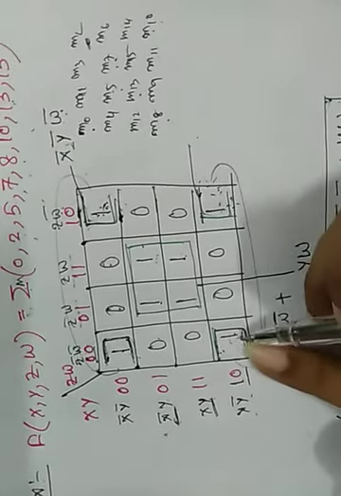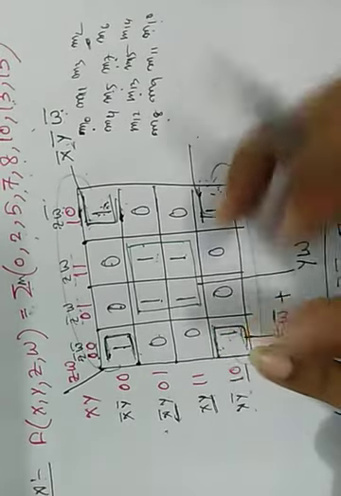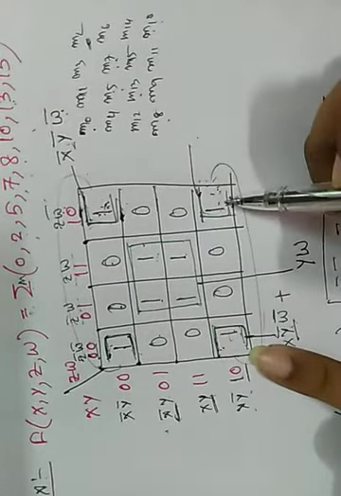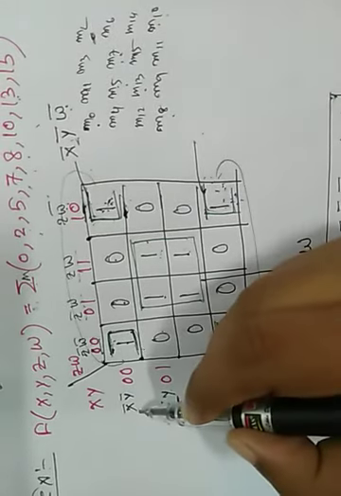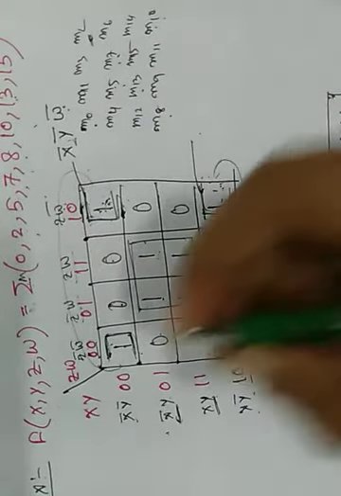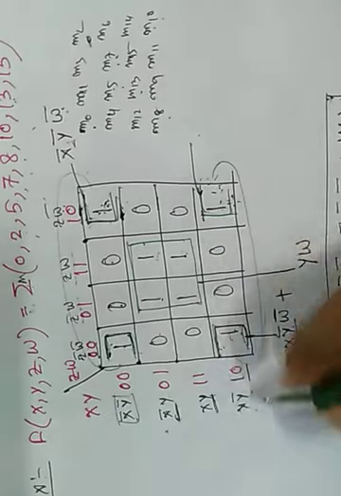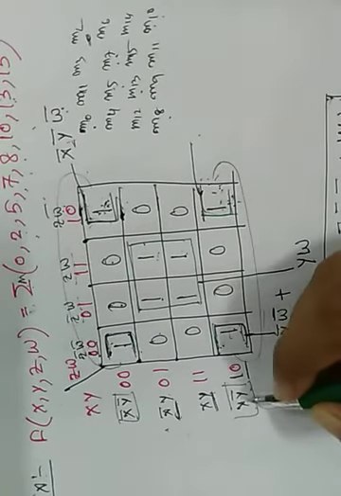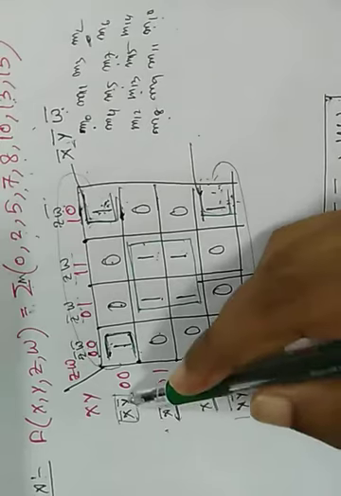In this group these two rows are there, if we take it into a group. So these two mean this row, this value and this value. Among these two values, which one is common?